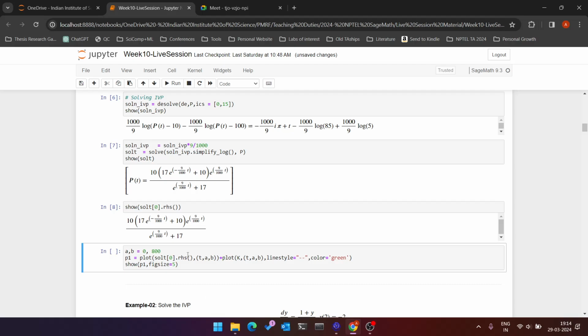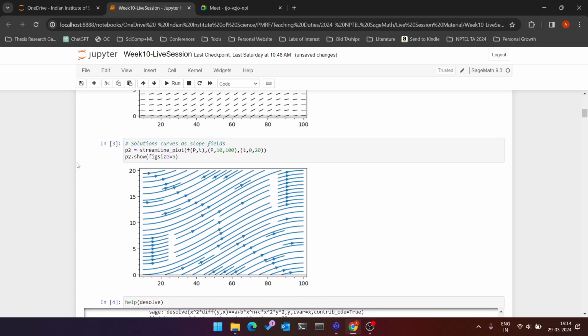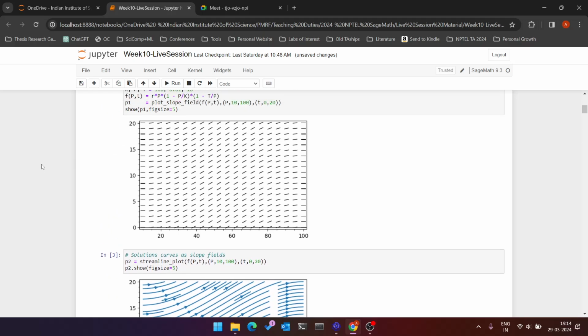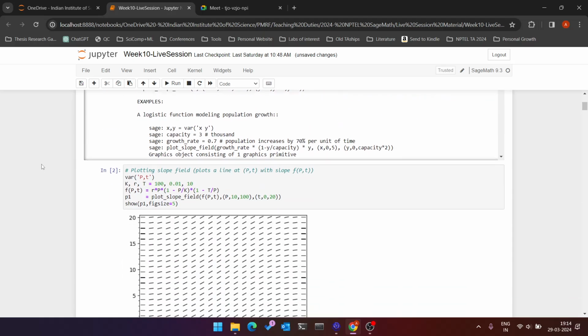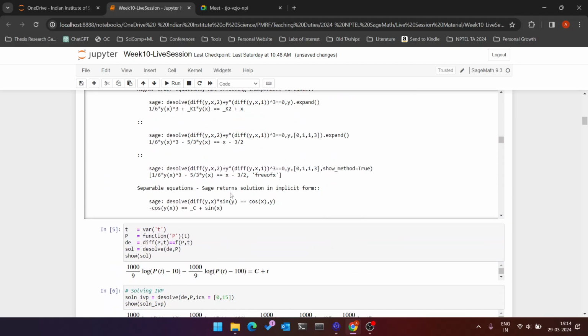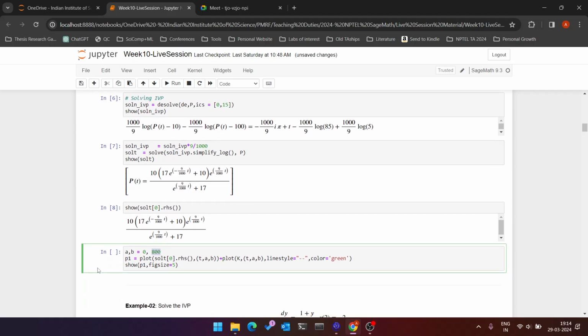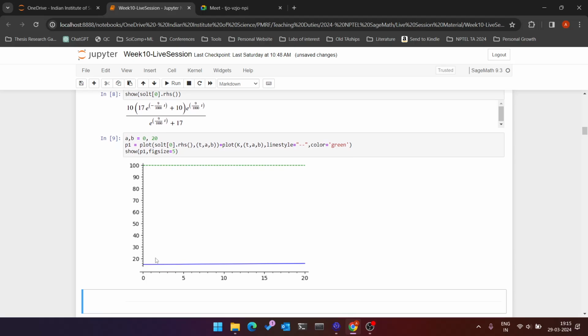Now suppose I have to plot this equation. I think here I had limited t to 20, yeah, t was limited to 20, so I will be plotting for the same range itself. T limited to 20 and plot this.